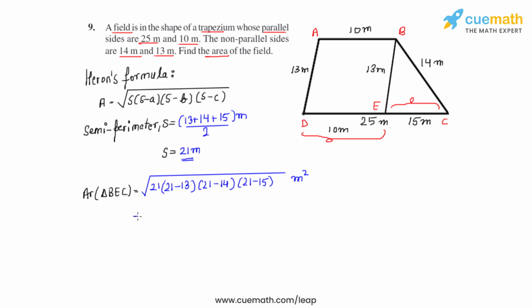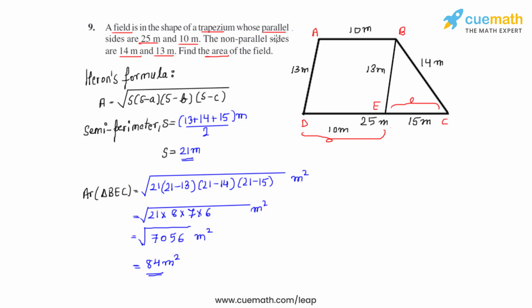This on further calculation gives us the square root of 21 times 8 times 7 times 6 meter square. On calculation we get the square root of 7056 meter square, which gives us the area of triangle BEC to be equal to 84 meter square.